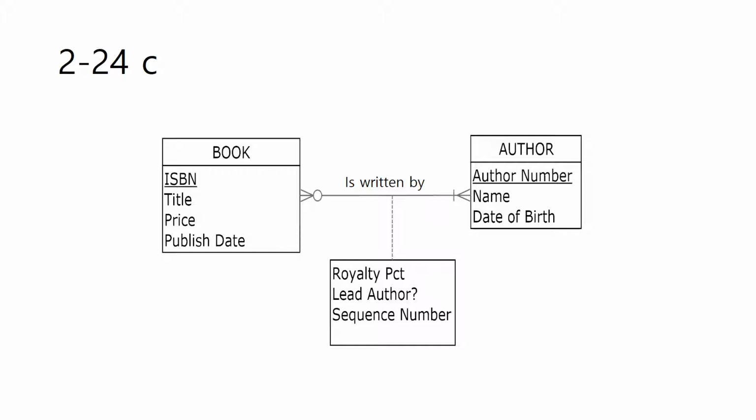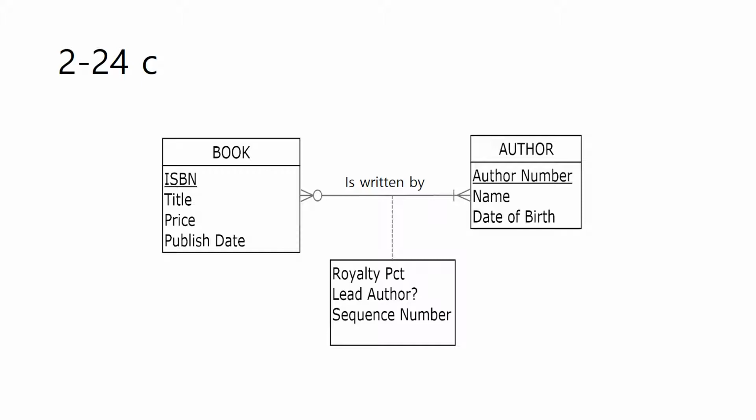So you can see, the book is written by author. There are author number, name, date of birth, and author writes book, same attributes. And then the important one is the many-to-many relationship.